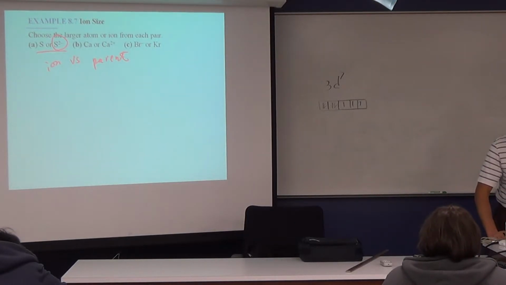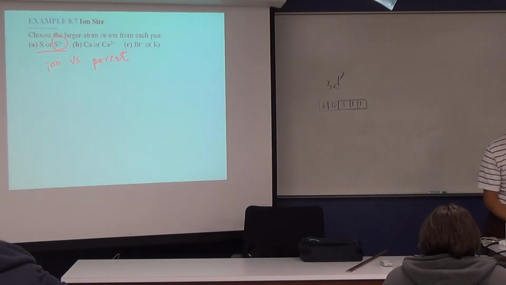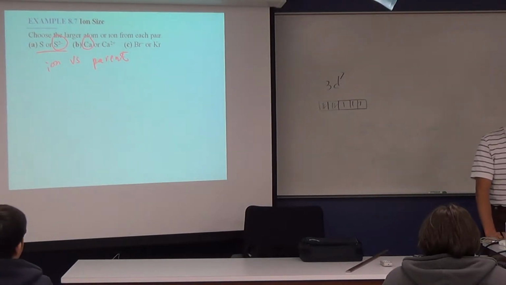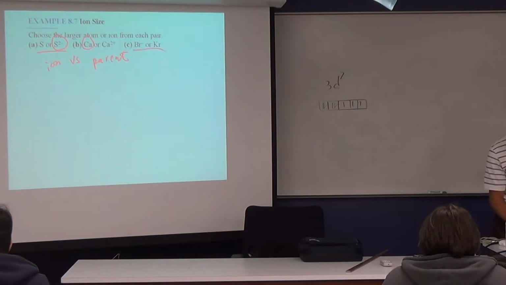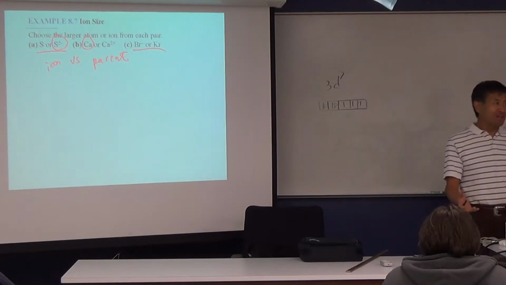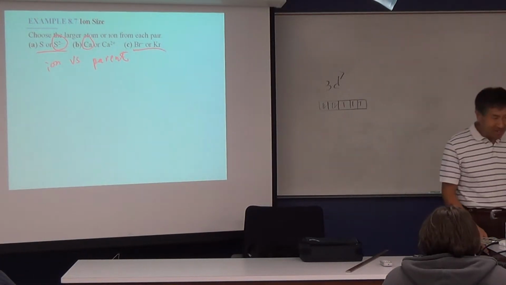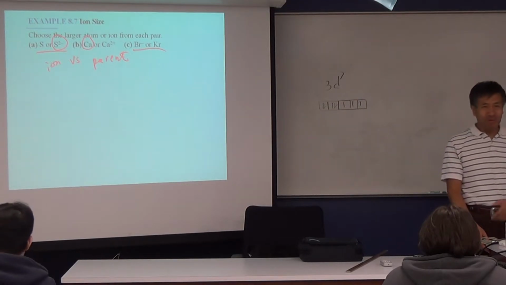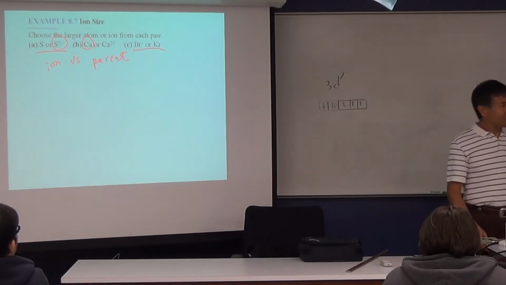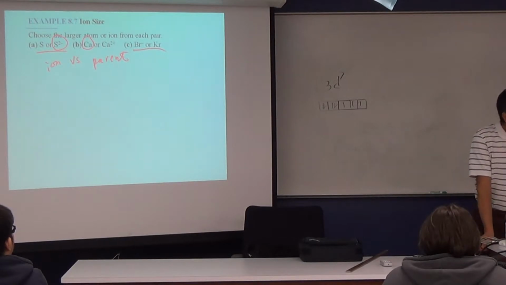Then the positive ion is smaller than the parent. So therefore, we will say this calcium atom is bigger. Now these two are not parents, not in the same group. What do you think? What should you use to compare these two?